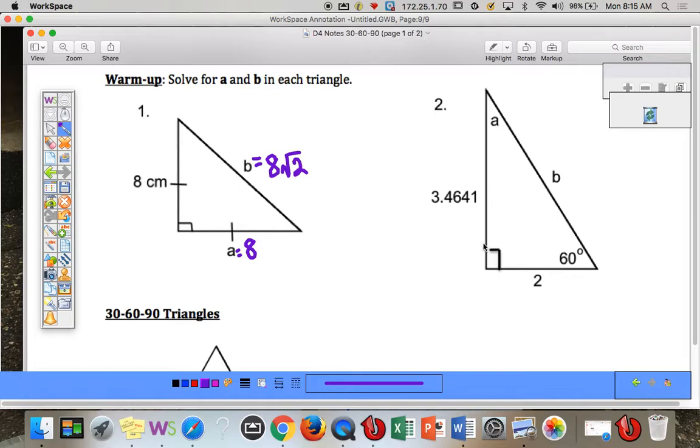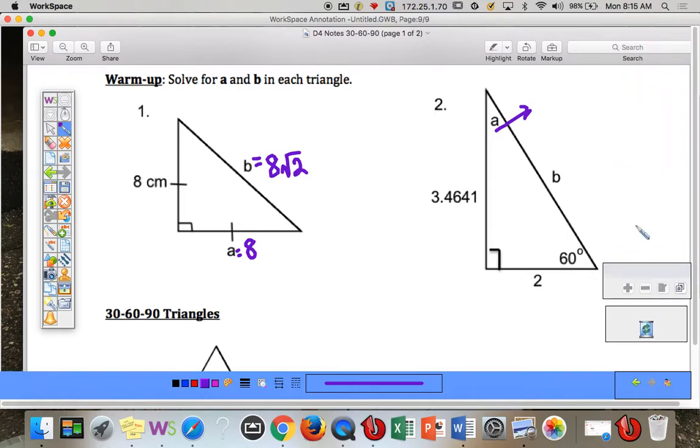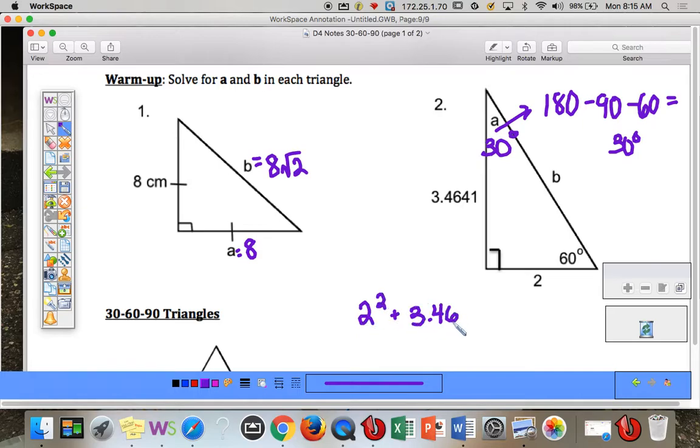So now let's take a look at this triangle right here. Again, there's 180 degrees in a triangle. So to solve for angle A right here, you can take 180 minus 90 minus 60, and that will give us 30 degrees. So this is a 30, 60, 90 triangle. We can use Pythagorean theorem to solve for B right here, which is A squared plus B squared equals C squared.